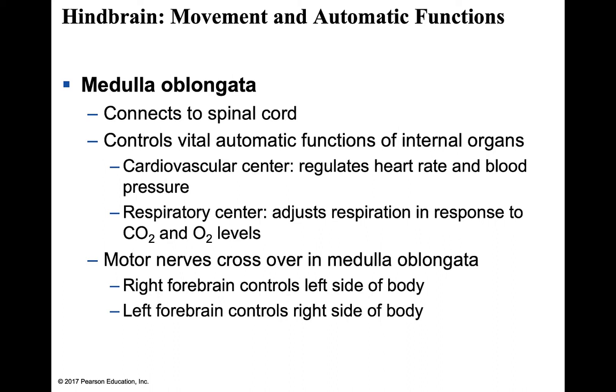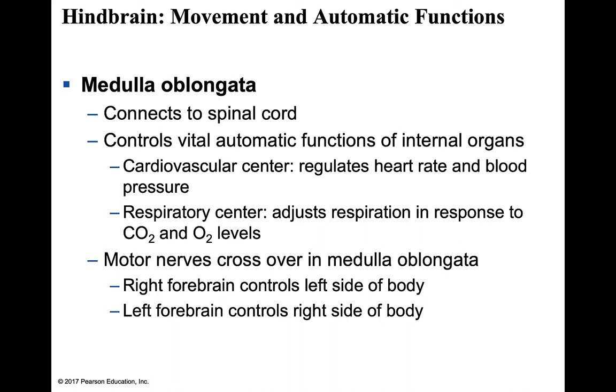Now, the other thing that's happening within the medulla oblongata is our motor nerves are actually crossing over in this area. So this is important. The right forebrain controls the left side of the body, and the left forebrain controls the right side of the body.